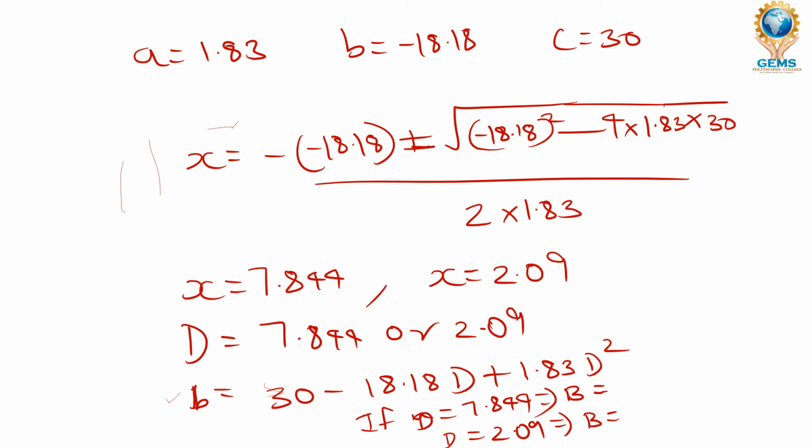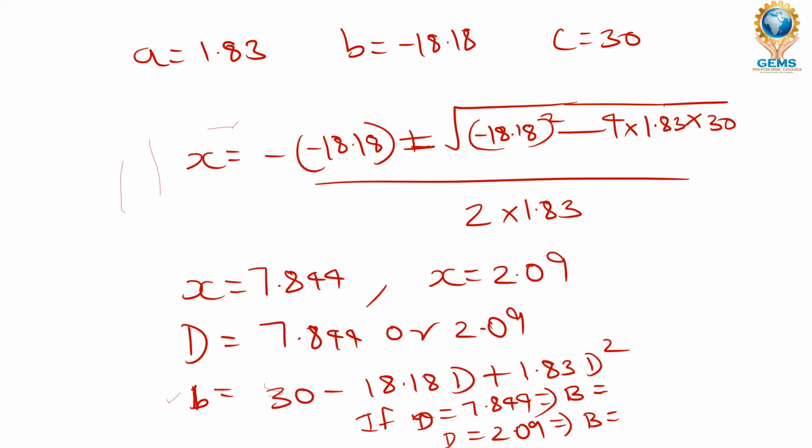So there will be two different values of b, and if there is a negative value, you must not take it. Actually only the positive value is required; the negative value will be neglected. We will see how it looks in the next slide.